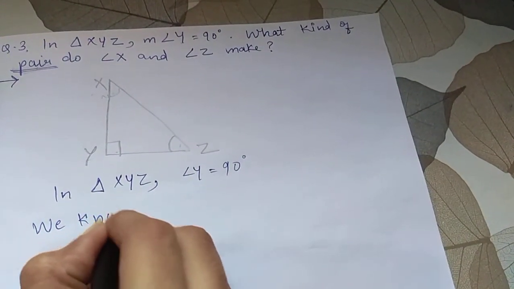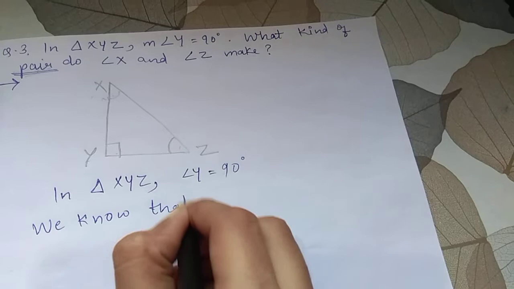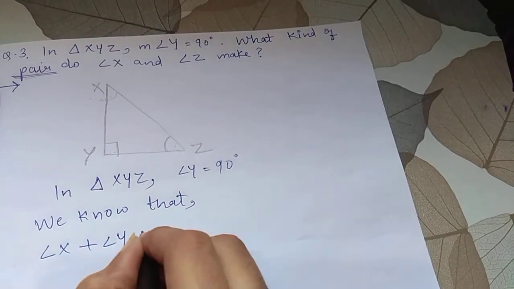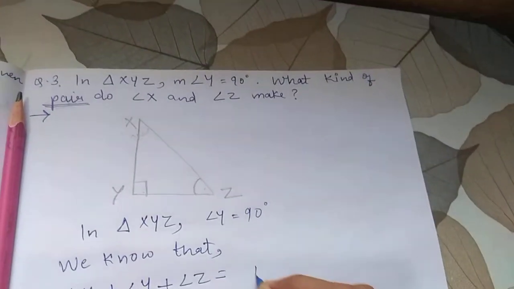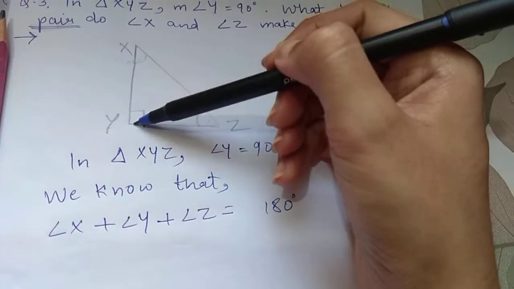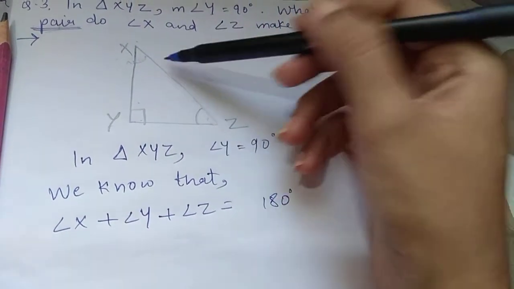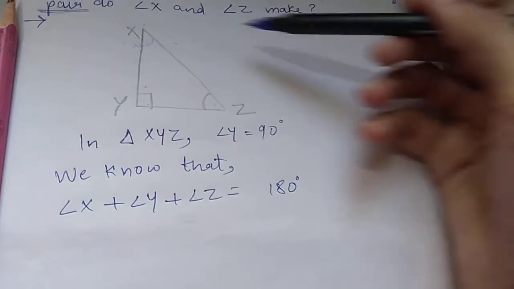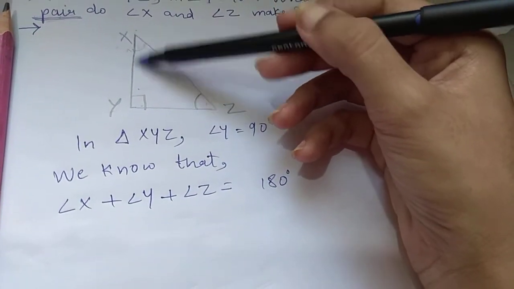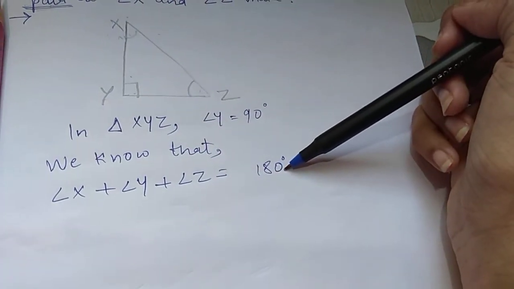Also, there is one property that angle X plus angle Y plus angle Z equals 180 degrees: the sum of the measures of all 3 angles of a triangle is 180 degrees. When we add all 3 angles of the triangle, it is always 180 degrees.